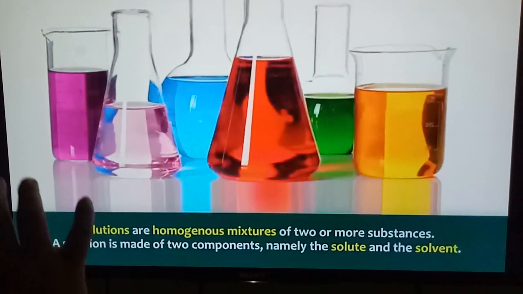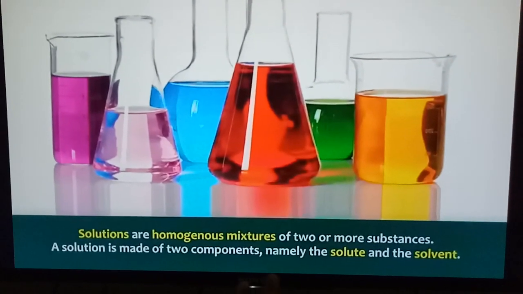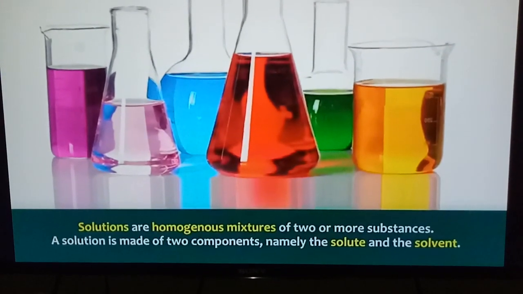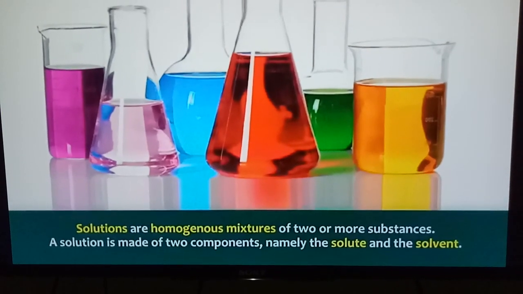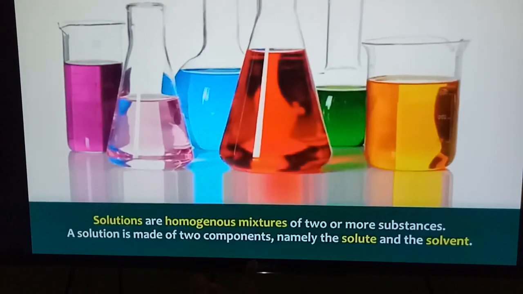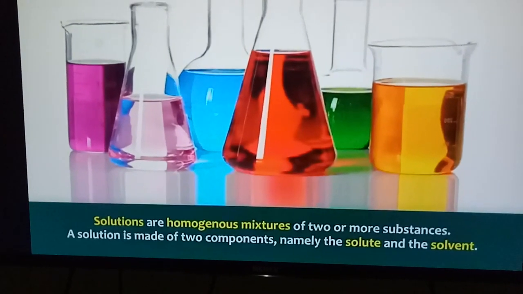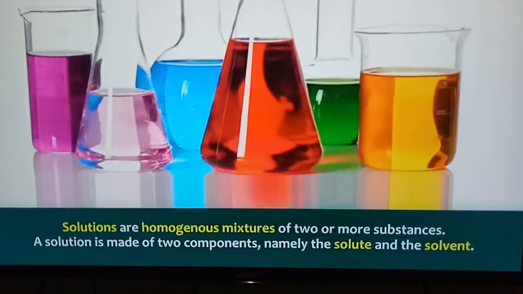Homogeneous mixture means where two or more substances are uniformly mixed and it looks like a single entity. That is how the solute is being dissolved in the solvent.